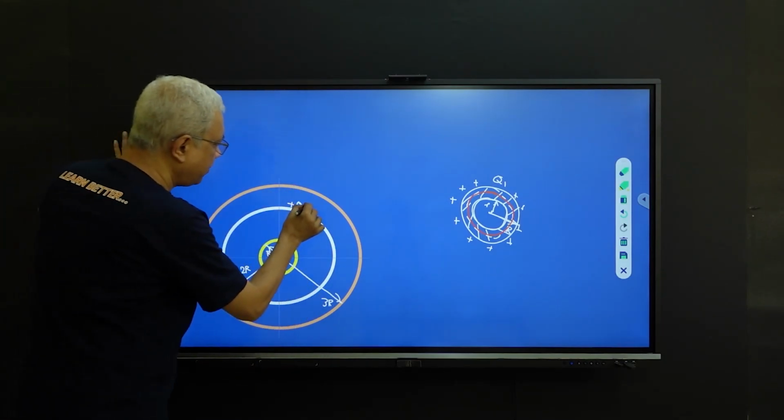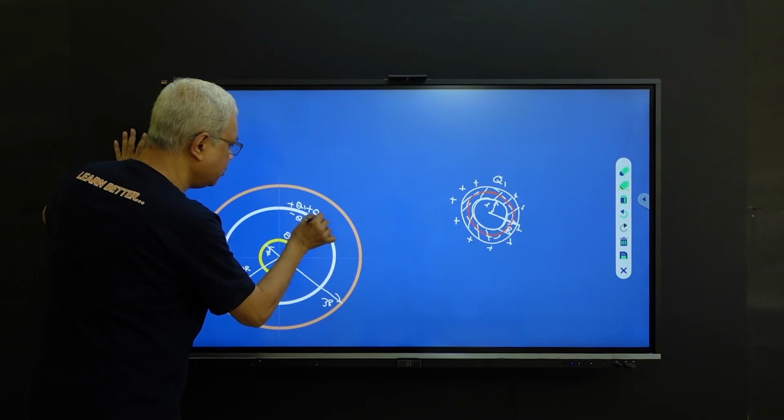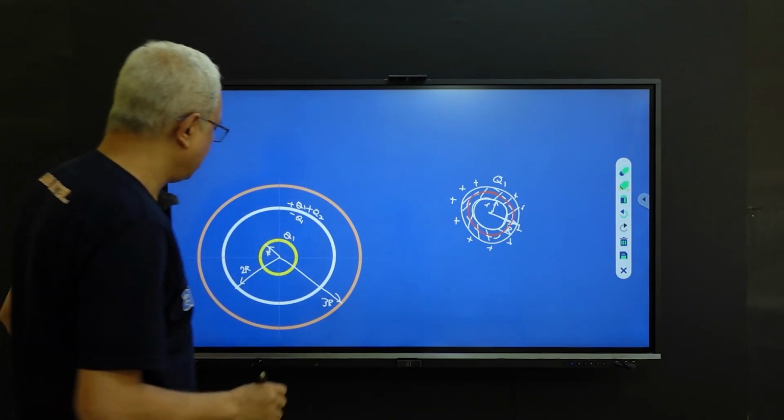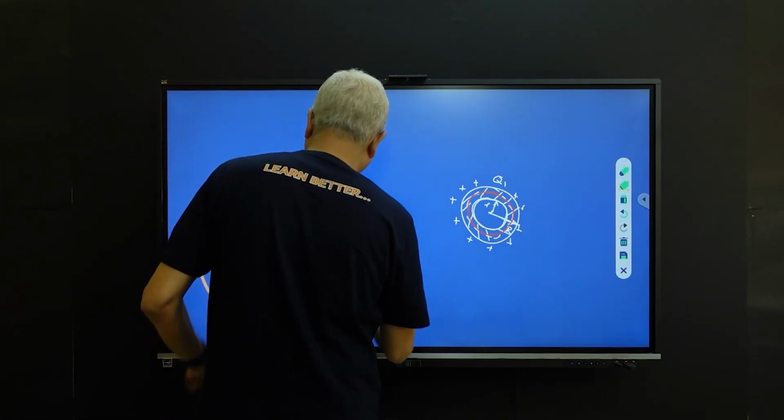And we have given additional charge q2 to it. So in this configuration, what is happening?